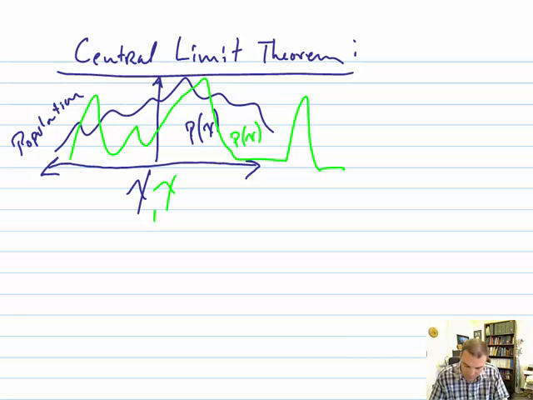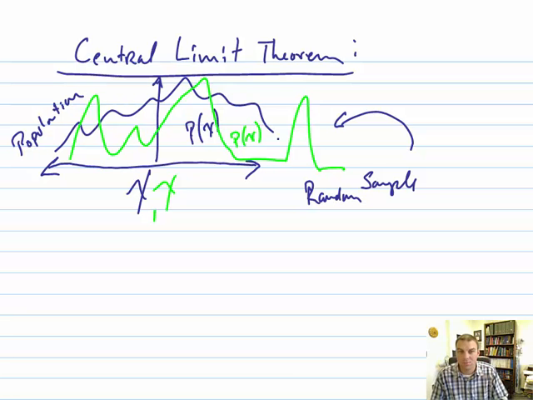But what we can do is we can go here and we can take samples. So I'm going to take a sample. More importantly, I'm going to take a random sample. So I'm going to take a random sample out of this population, and I'm going to collect those things together, and I'm going to make a measurement, mu, of my sample.